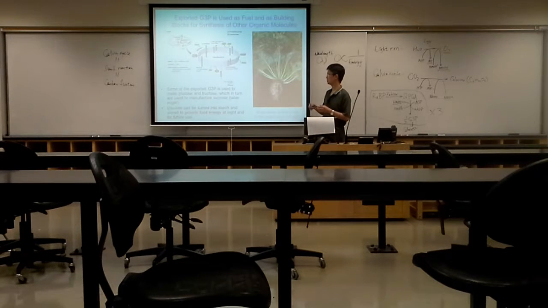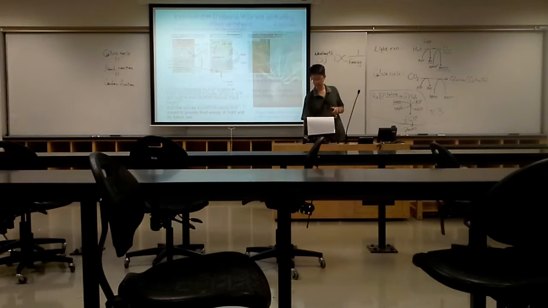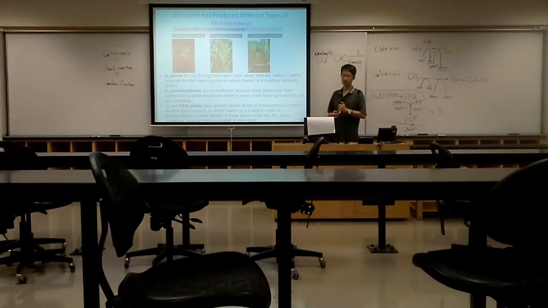Sugar beet stores sucrose in the vacuole of the root cell. So that's pretty much the entire photosynthesis that you need to know. This is the simplified Calvin cycle here.